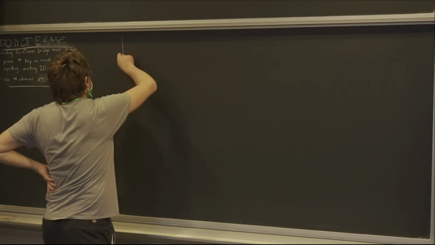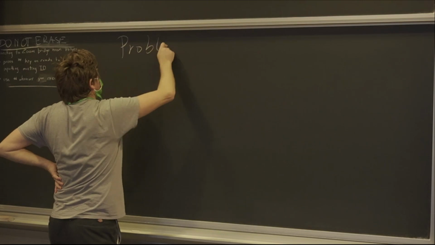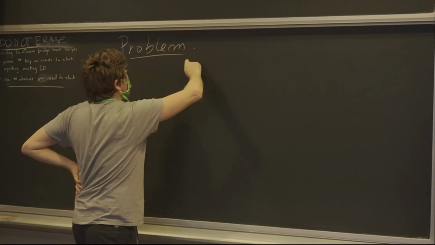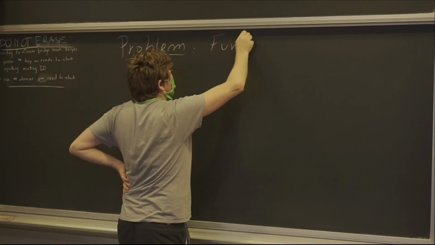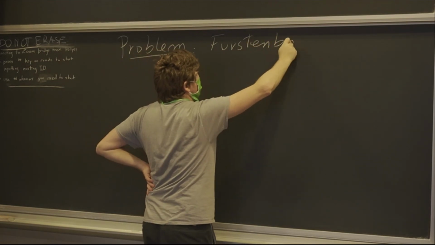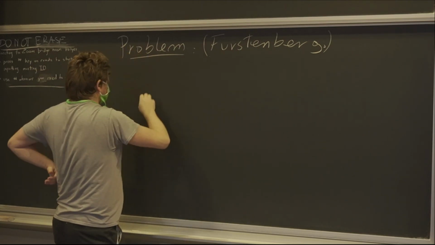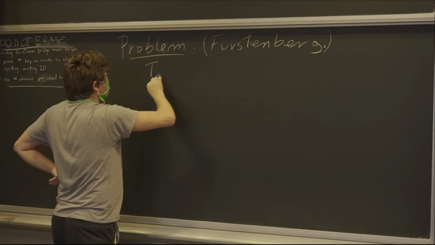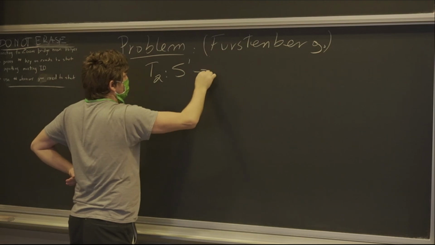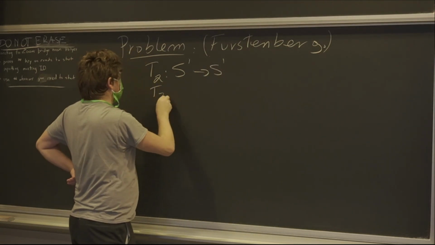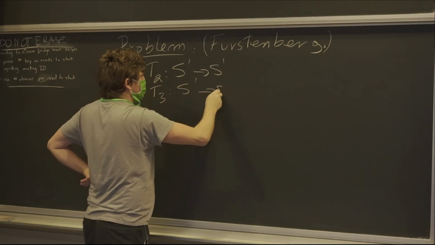So, a problem due to Furstenberg. You take T2 from the circle to the circle and T3 from the circle to the circle.